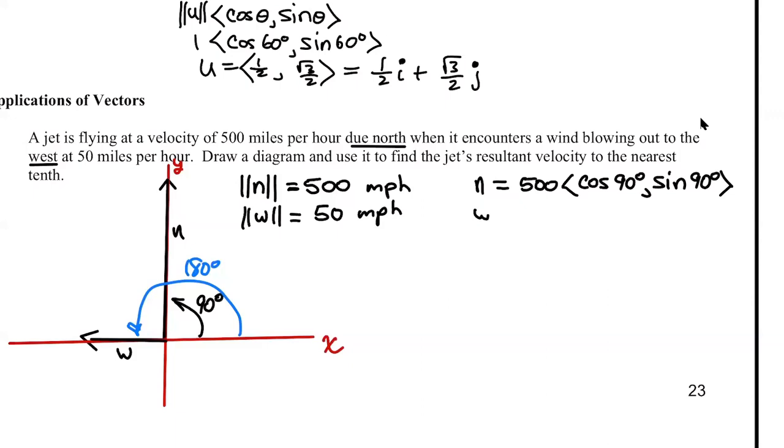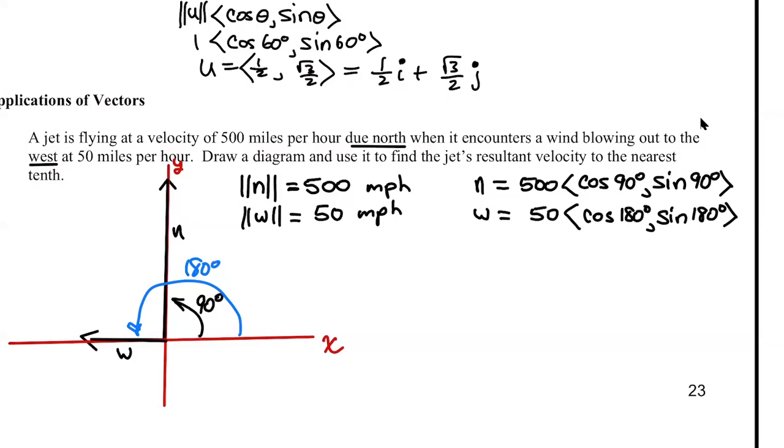And W is going to be equal to 50 times the cosine of 180, comma, the sine of 180. Now we need to find the resultant vector. So that's next in the process.